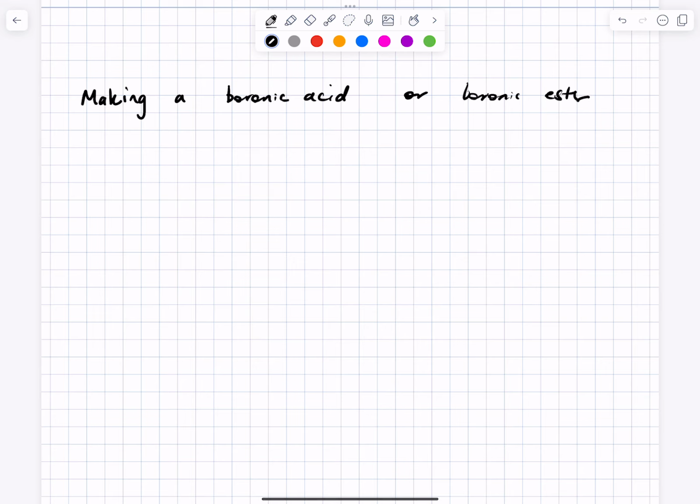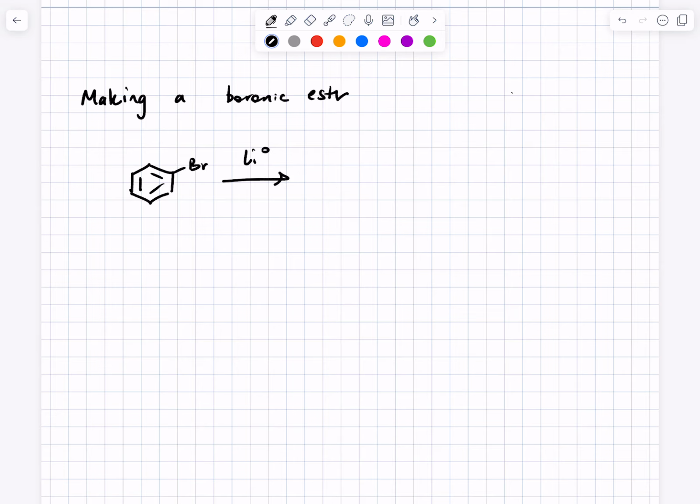Okay, so one easy strategy, and I guess both of these strategies that are shown from your text are actually boronic esters, so just erase. Sorry. You can start with an aryl halide. You can do the same reaction that we did in generating organolithium reagents.